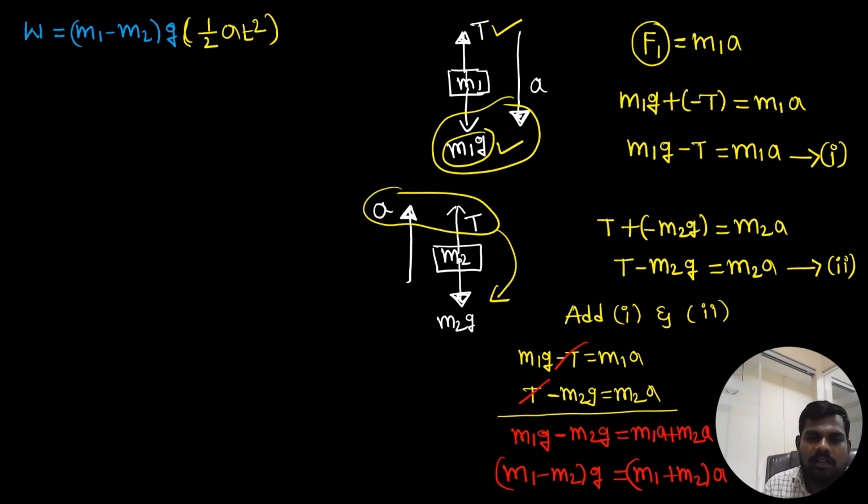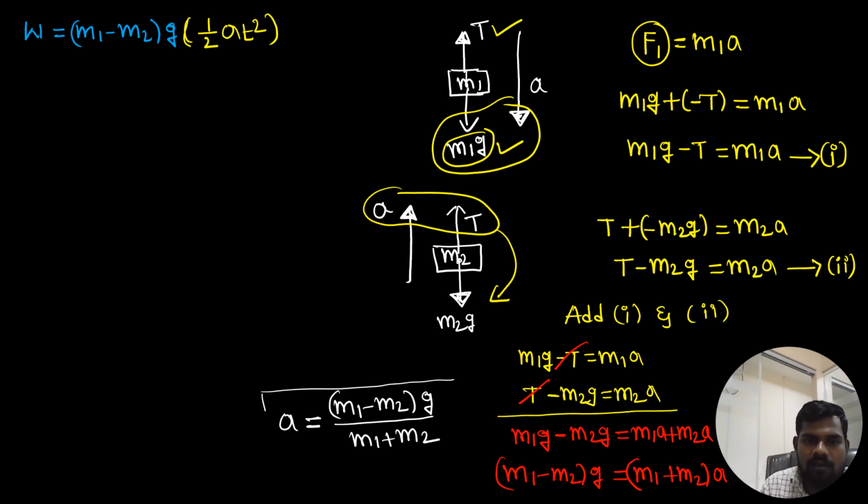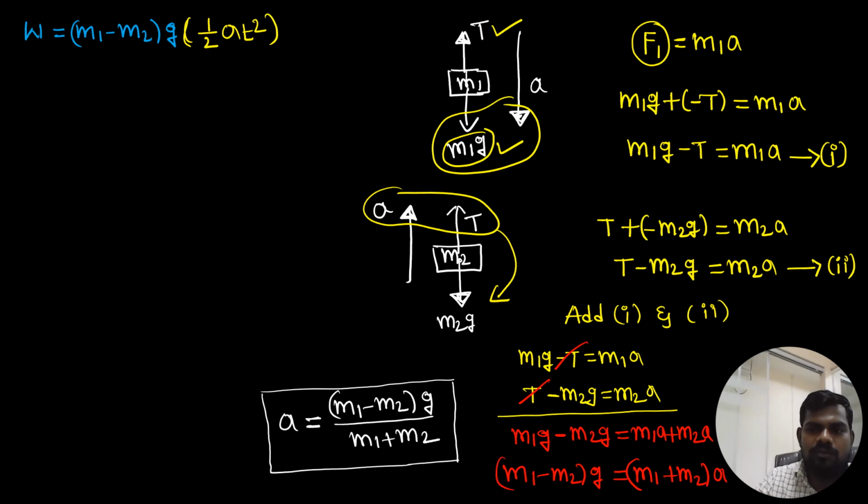Then finally we get the acceleration a is equal to m1 minus m2 times g divided by m1 plus m2. So this is the acceleration of the block. Now this value I will substitute in W.